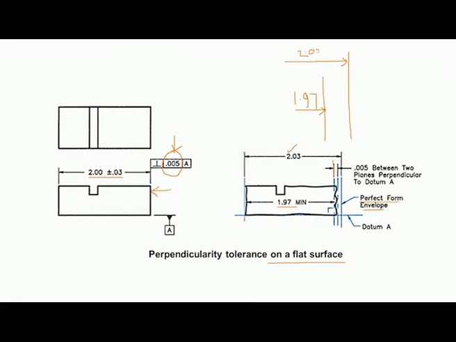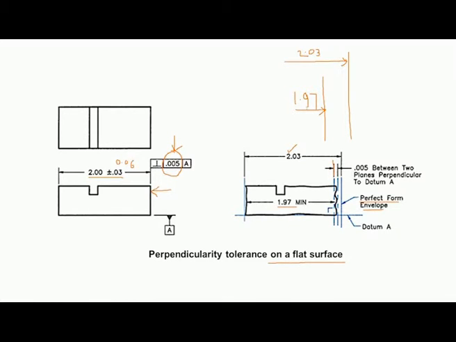That means for the size tolerance, the total zone is 0.06 millimeter. That means 60 micrometer is allowed. And now coming to the perpendicularity tolerance, it is only 5 microns.